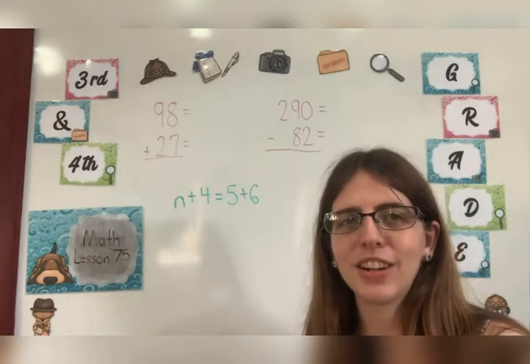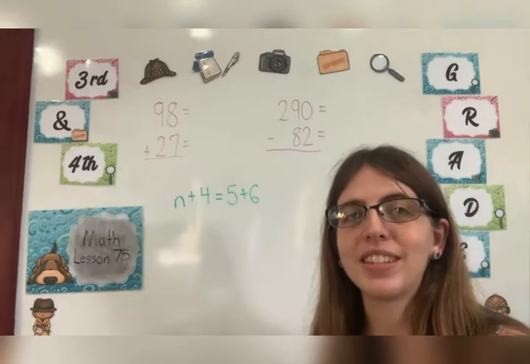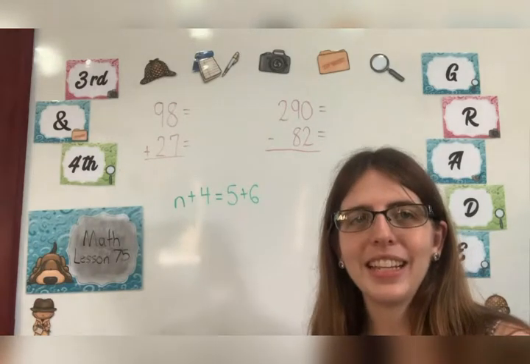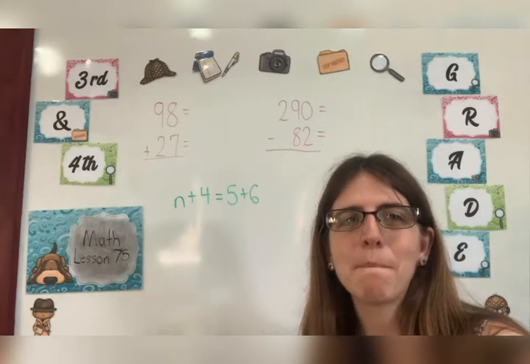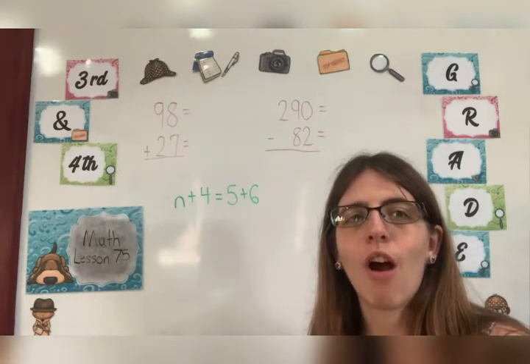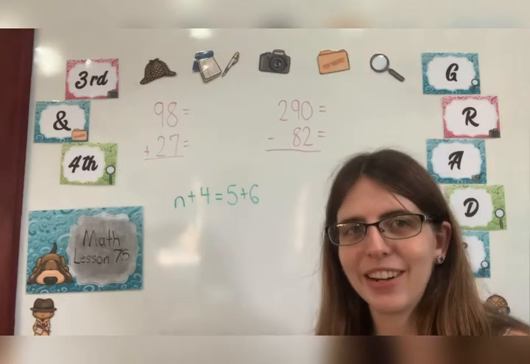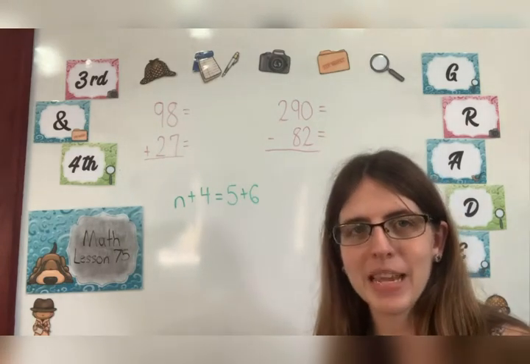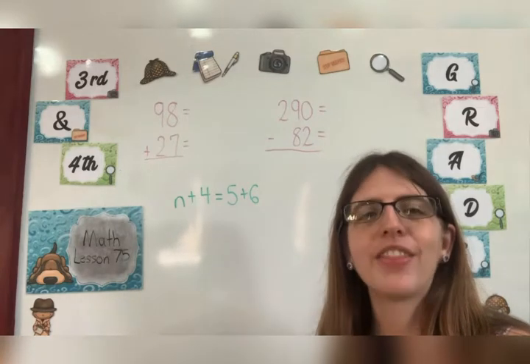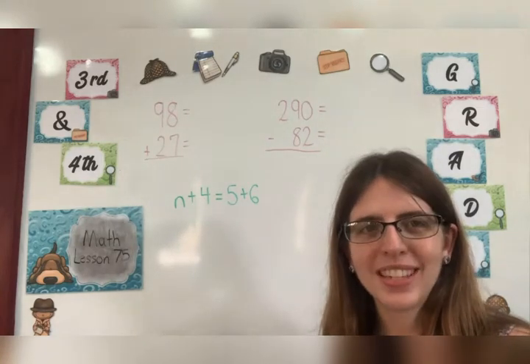But liters have inside of them centiliters and deciliters, and milliliters. So there are 100 centiliters in a liter. Just like there are 100 centimeters in a meter, there are 100 centiliters in a liter.